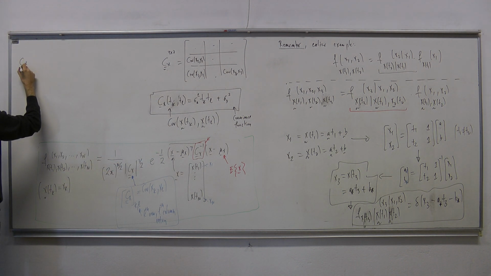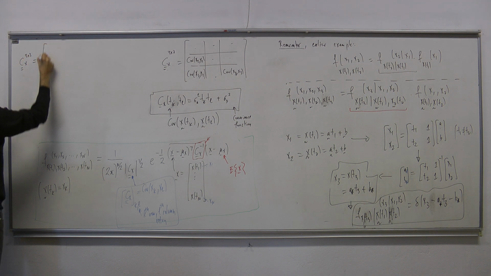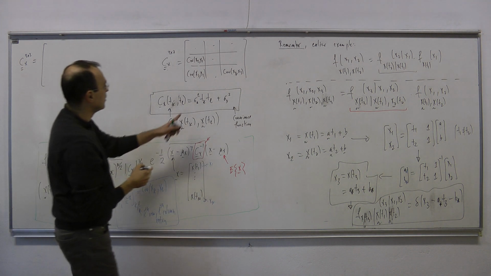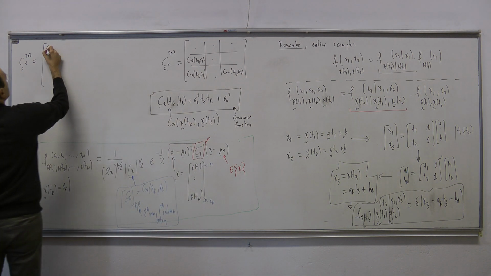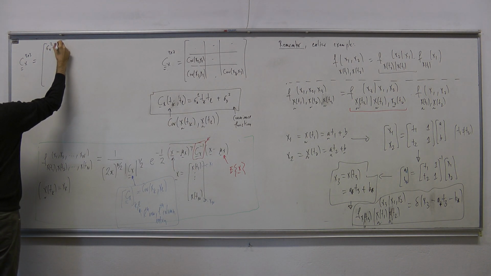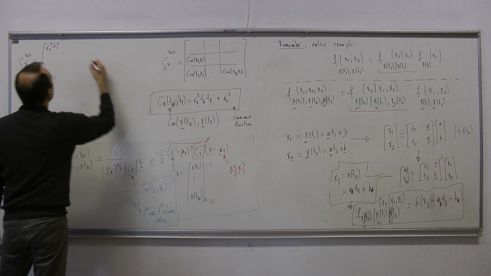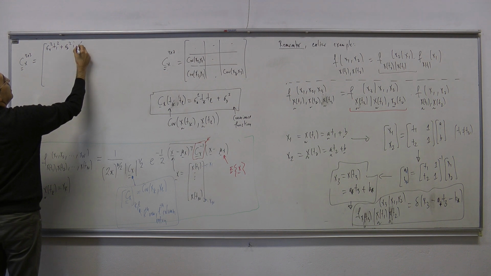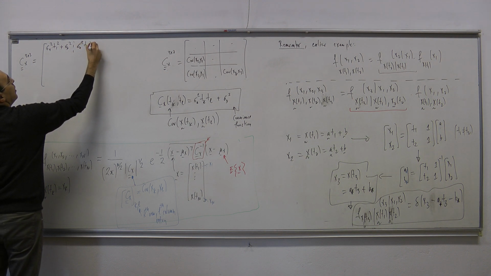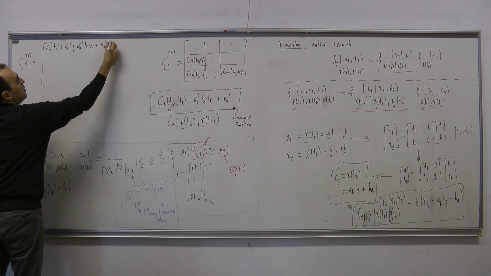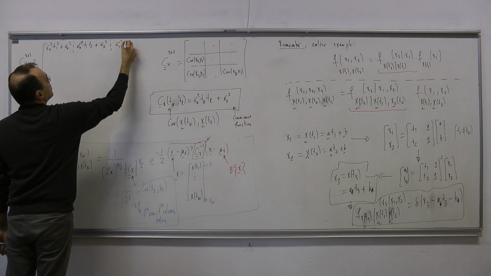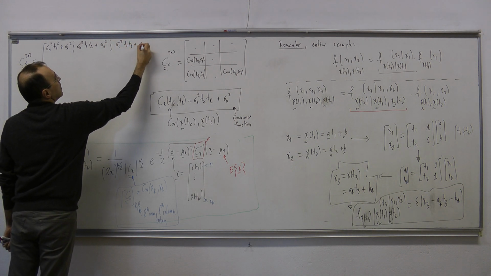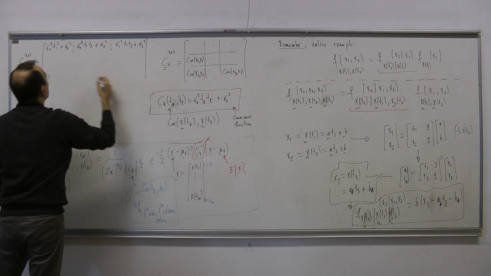So this Cx is, let me write some entries of this. First entry, sigma a square T1 square plus sigma b square. Next, sigma a square T1 T2 plus sigma b square. Then sigma a square T1 T3 plus sigma b square.